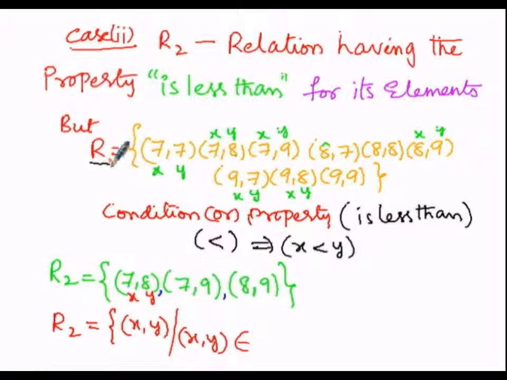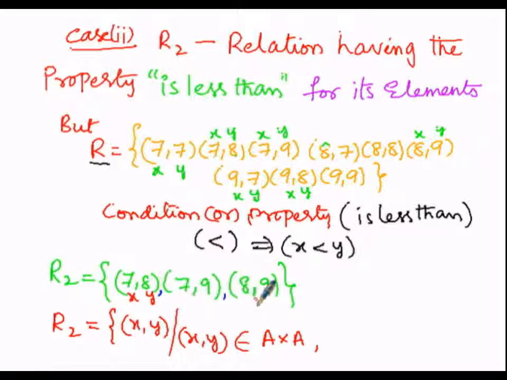These are the elements of R, but R is nothing but A cross A. So here we got this 7 comma 7 from A cross A, so instead of R we can write A cross A, whereas the condition is x less than y, each and every element of R2, where the x coordinates are less than the y coordinates in every ordered pair, and so on.